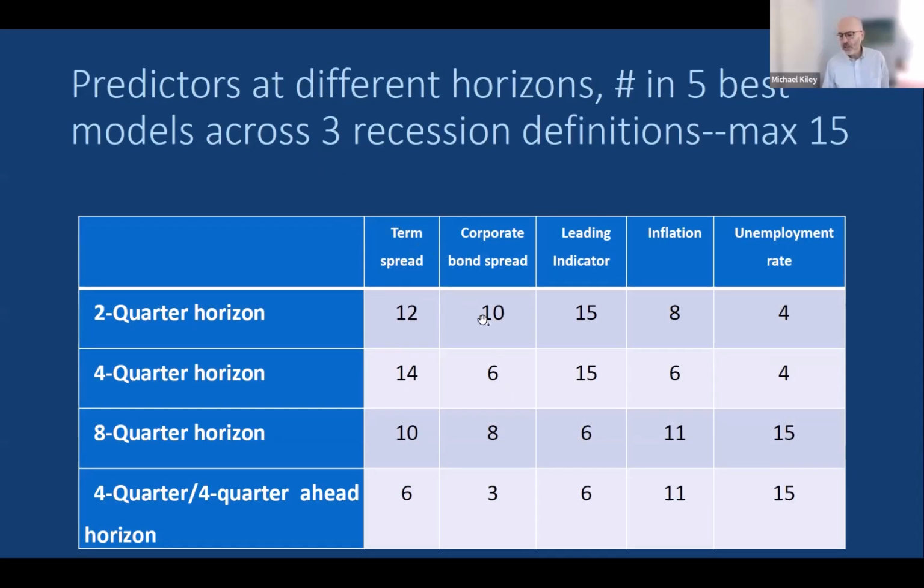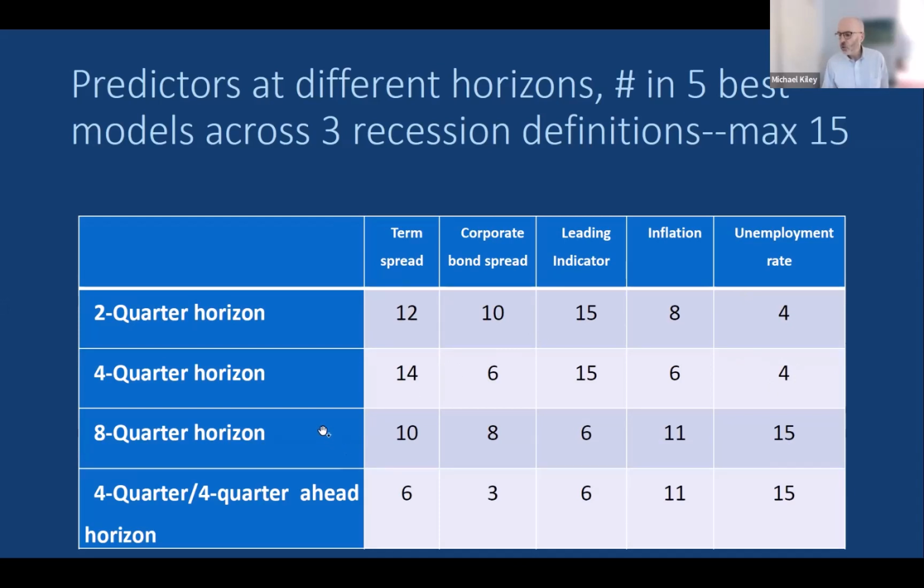And the corporate bond spread is more in the middle. And actually, the level of the unemployment rate or the level of inflation is not that useful at a 2 or 4 quarter horizon. Now, if we were to go back to the picture, this is not that surprising. The level of the unemployment rate, if it's getting low, there could be momentum. And so a low unemployment rate could just be followed by further declines in the unemployment rate in that AR2 dynamic, in the near term. So again, this is very much what was predicted by that simple model.